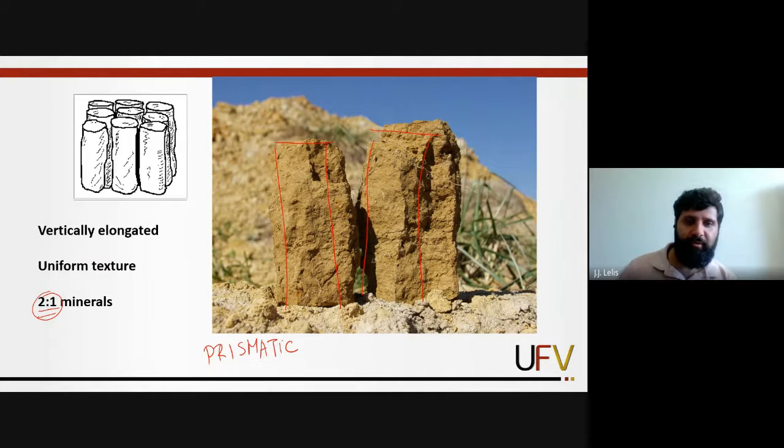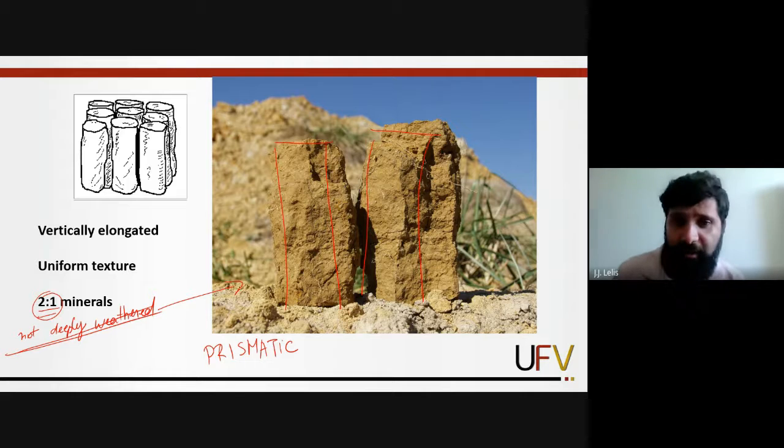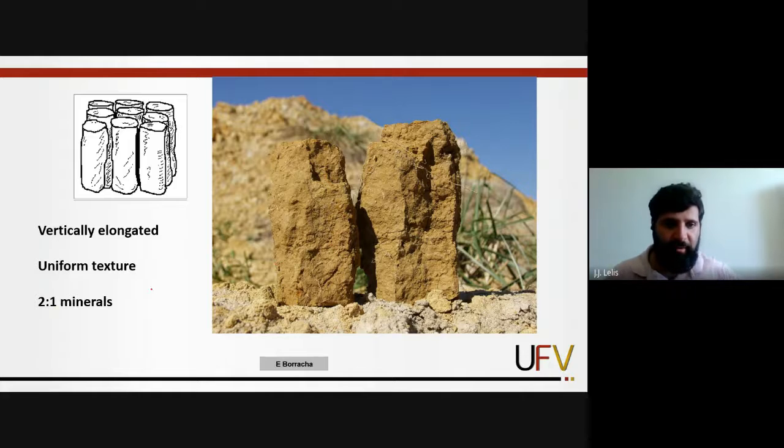So we see this kind of structure in soils that are not deeply weathered. Okay, soils that we can see in semi-arid or arid conditions, and they should present a uniform texture so the shrink and swell process can create some prismatic features like this.